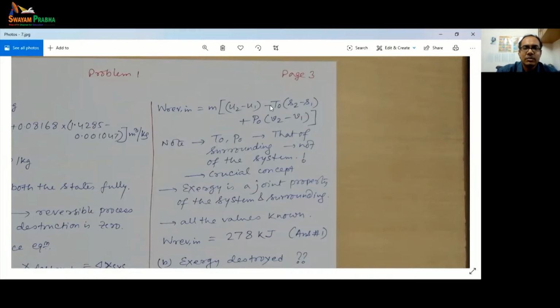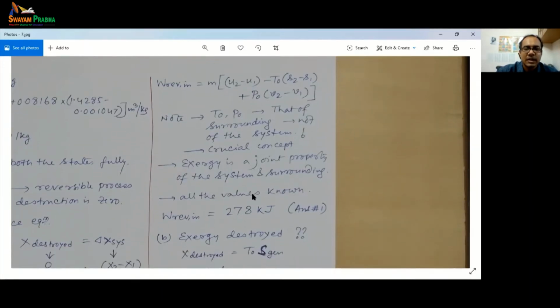Here you notice that this T naught and P naught do not correspond to the mass we are concerned about. They correspond to the environment, the surroundings, not the system. So this is the crucial concept you should carry: exergy is a joint property of the system and the surroundings. That is why T naught and P naught appear in the definition of change in exergy.